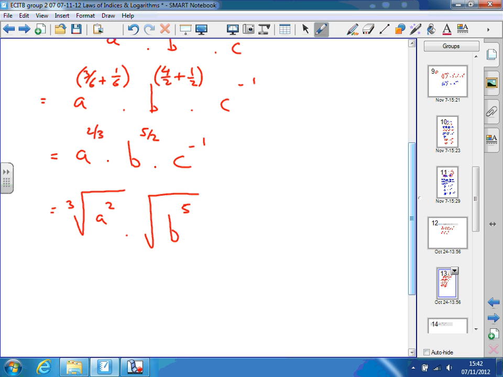What about the c to the minus 1? 1 over c, right, the inverse. So I could rewrite this all over c because it's divided by c. That's another way of writing that. You might want to write it like that, you might not, but it's important to be able to see that you can write it like that and recognize that they're the same things. Okay?